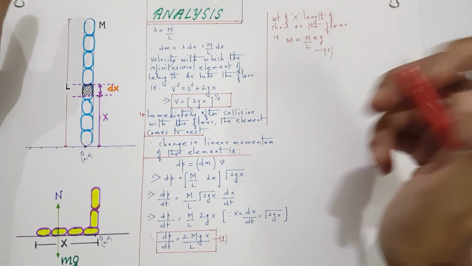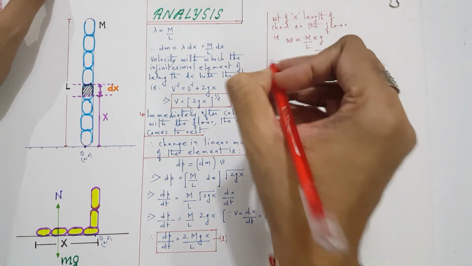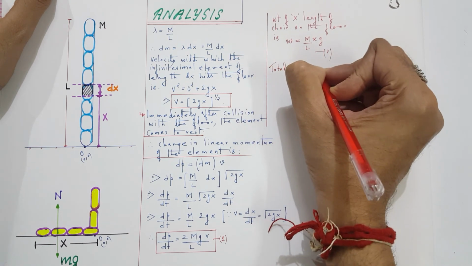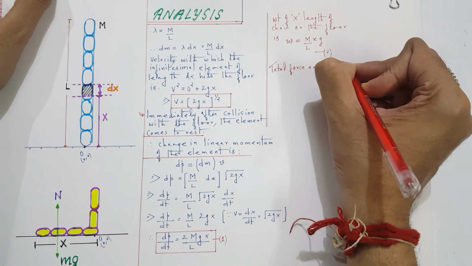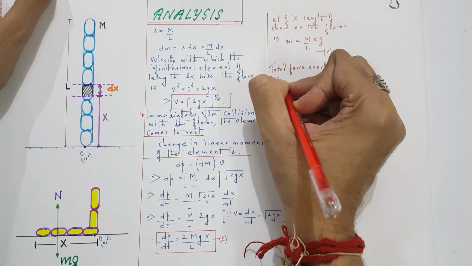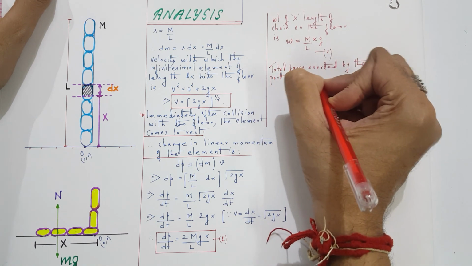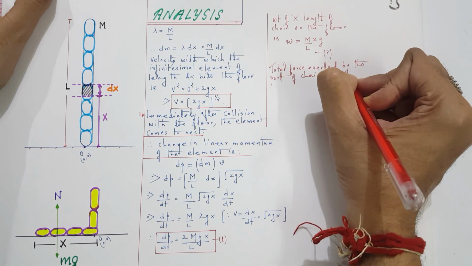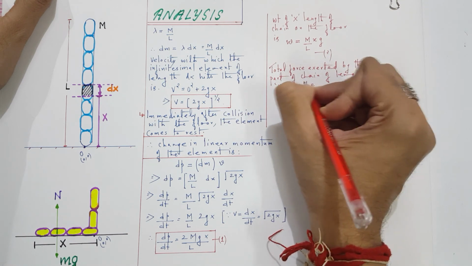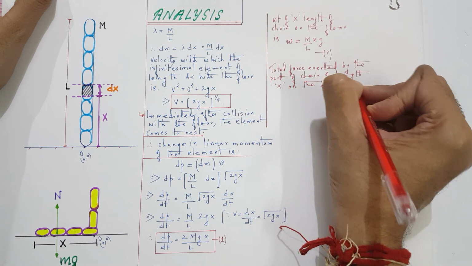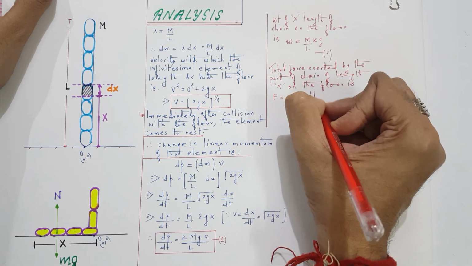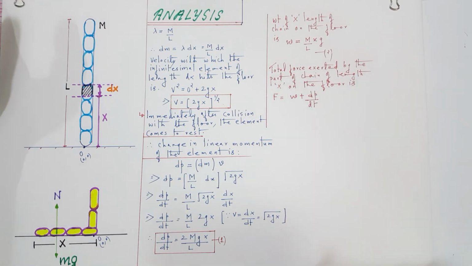The total force of length x on the floor is F equals W plus dp/dt.